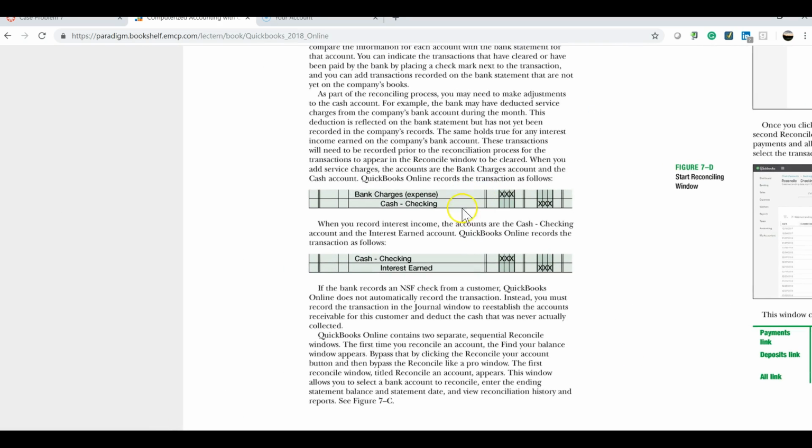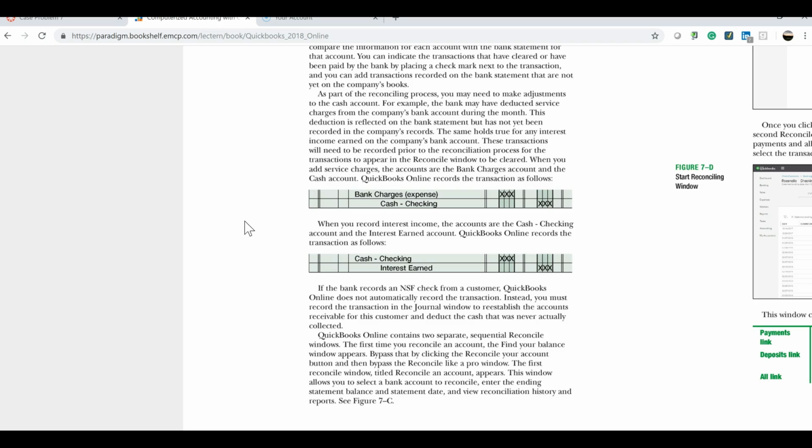And again, journal entries. These are two of the journal entries that you'll make for this chapter. Bank charges. So if you have bank charges for your bank each month, then you'll need to record those in the journal when your bank statement comes in, and you'll want to credit cash so that you can reconcile the two accounts.